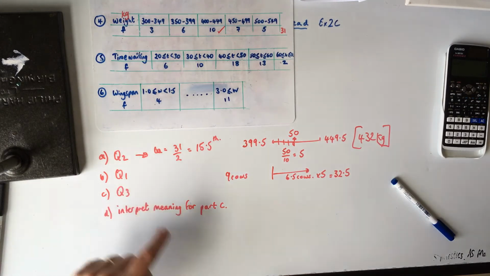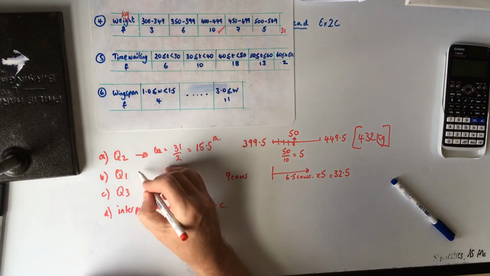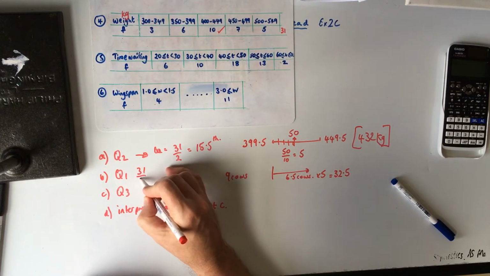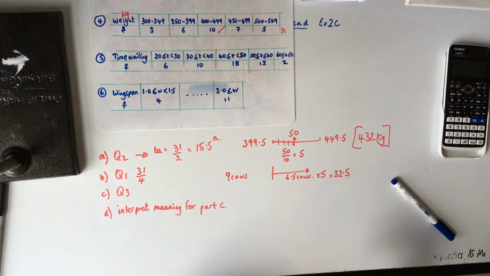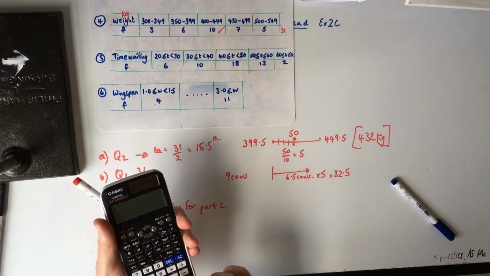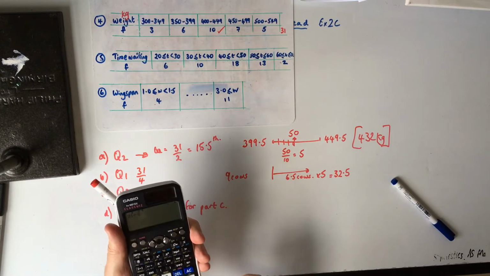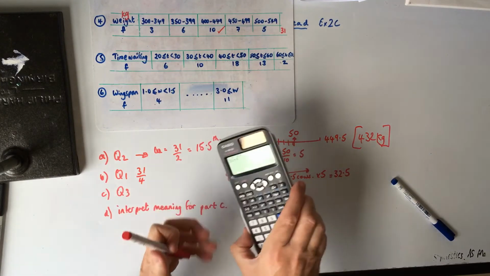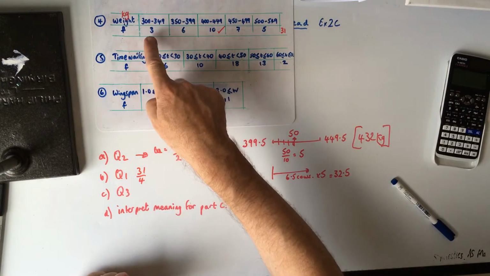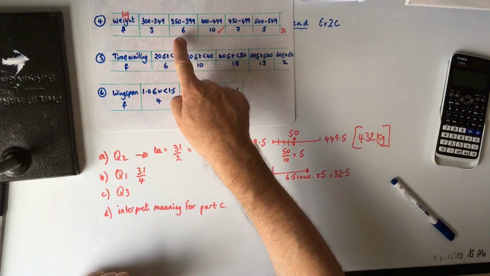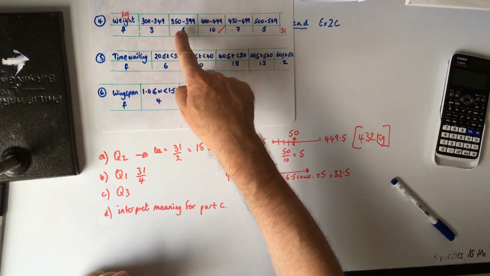Okay, and if we were doing the quartile one, I'm not going to do that one, but we go 31 divided by 4. 31 divided by 4 is equal to 7.75. So 7.75 would be in this group.